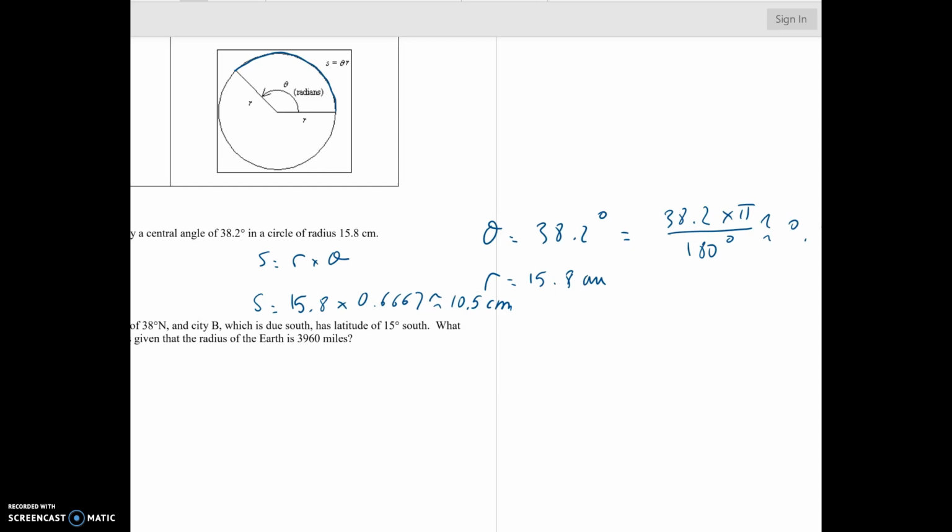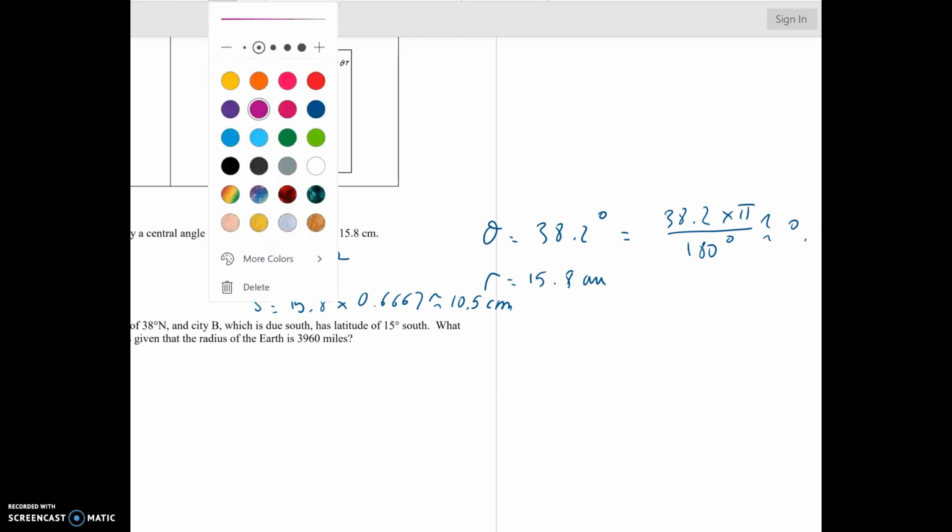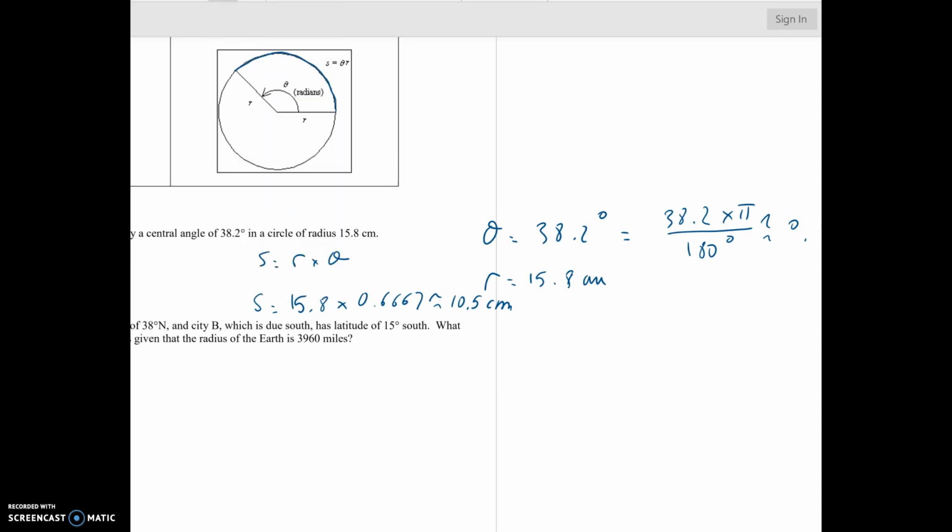Okay? Why do we have to write 3 significant digits? Because if you look at 15.8, 15.8 has 3 significant digits. I do not count theta.